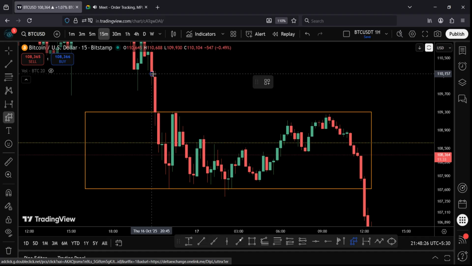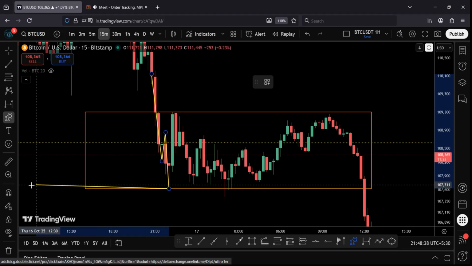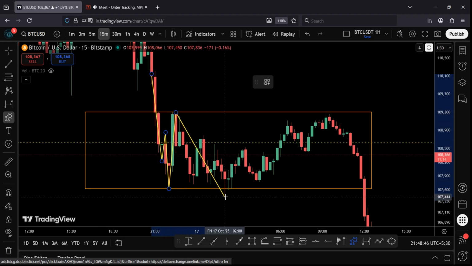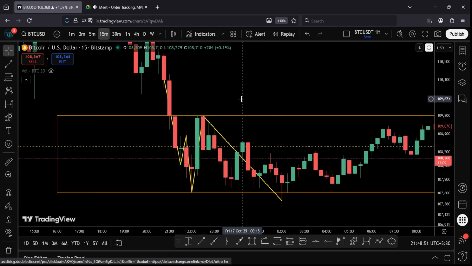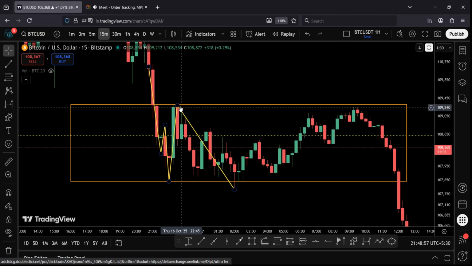Price fell from here, caused this FTR, this resistance, goes up, came back down. This must have engulfed something from the left side, goes up, came down, right? So what will be our FTR? Our minor FTR is this, major FTR is this.